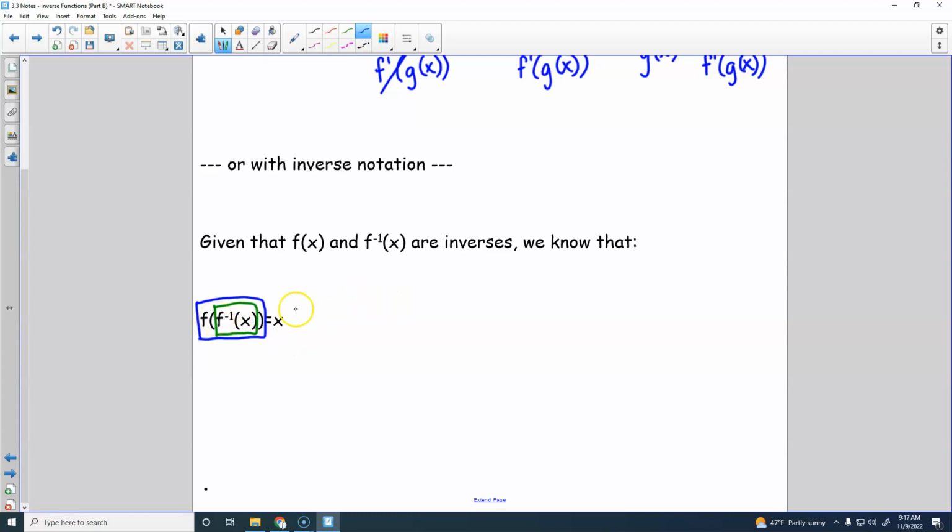To take that derivative, the derivative of F would be F prime of, I'll leave the inside alone, F inverse of X, times the derivative of the inside, which is the derivative of the inverse of F. So that looks like this notation-wise, F inverse, put the brackets around it, prime of X. And the derivative of X is 1, so it equals 1 here.